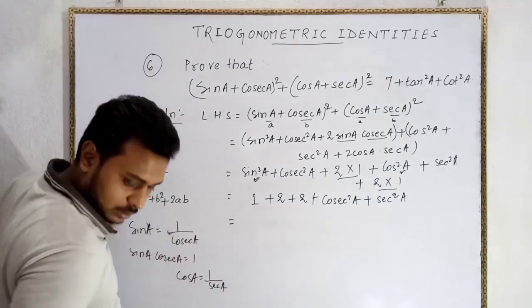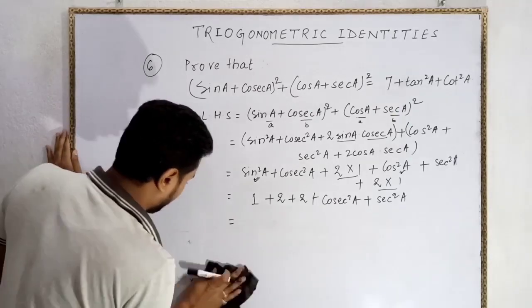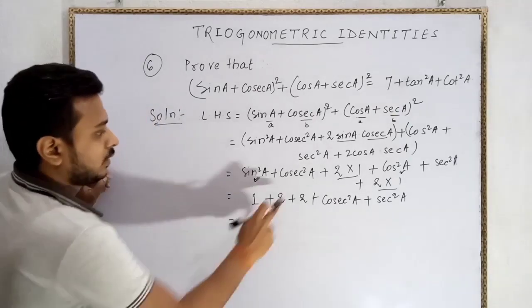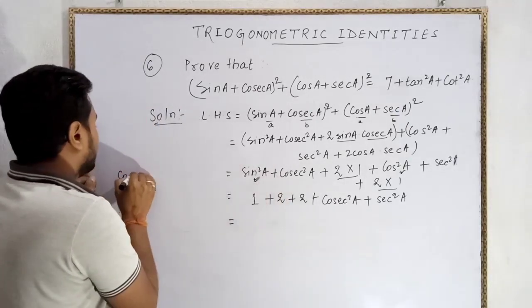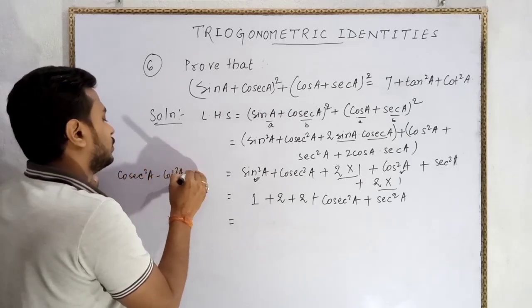We know that cosec square A minus cot square A is equal to 1.